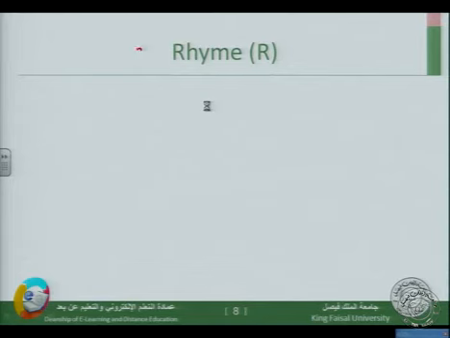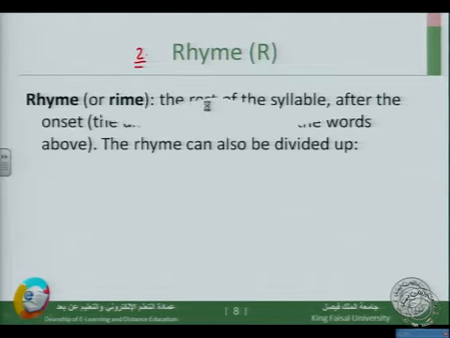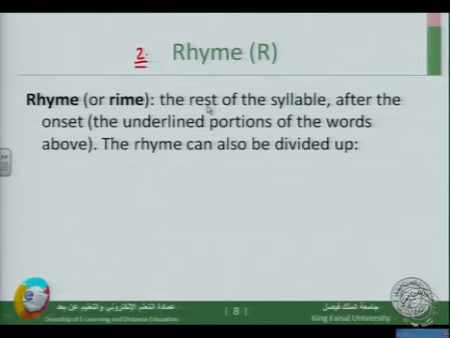As for the second part, the rhyme. The rhyme, you can just write it in a way you like, is the rest of the syllable. Rhyme is the rest of the syllable.